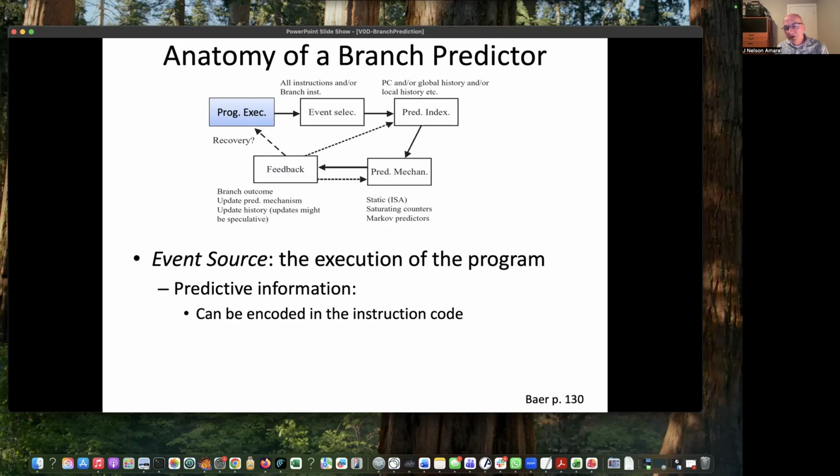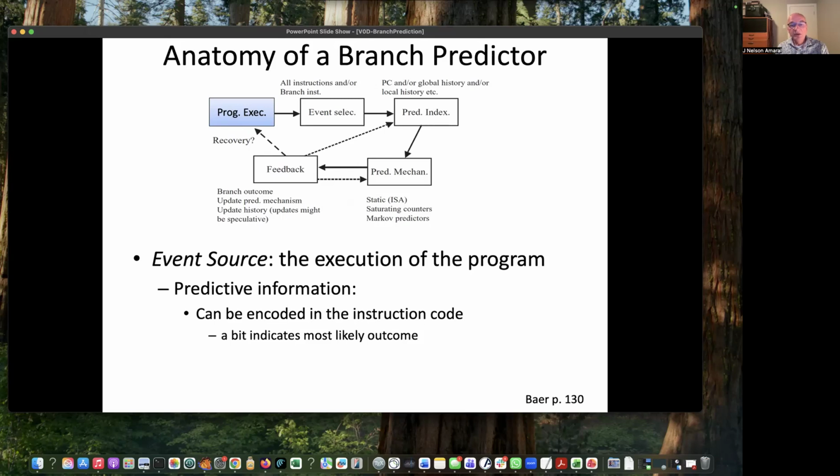I could also store the prediction in the instruction cache, which means that during the execution of a branch, I decide which direction that branch went, and then I record that value in a special bit in the instruction cache. So next time that I fetch this instruction, I also fetch the predictive information. This is how I would be encoding the prediction in the instruction code.